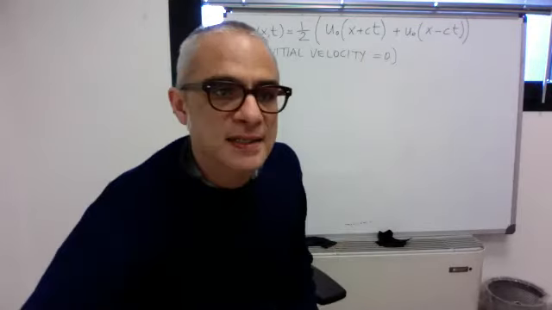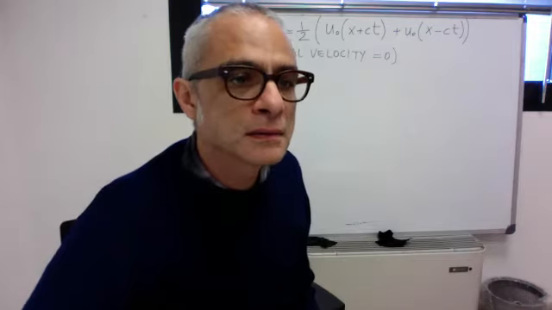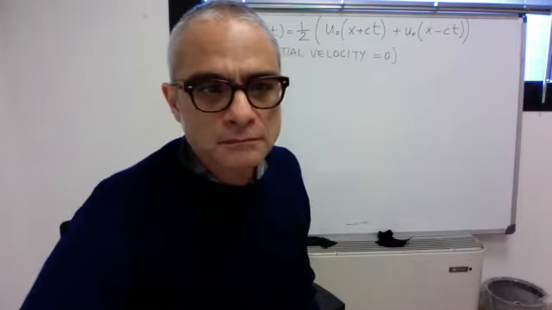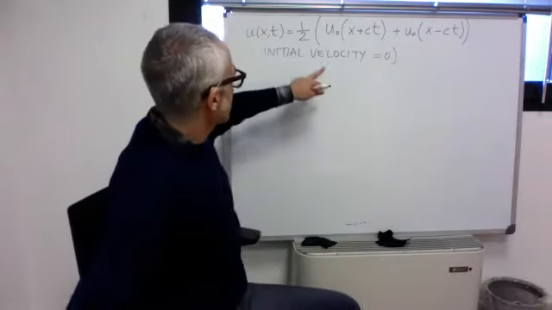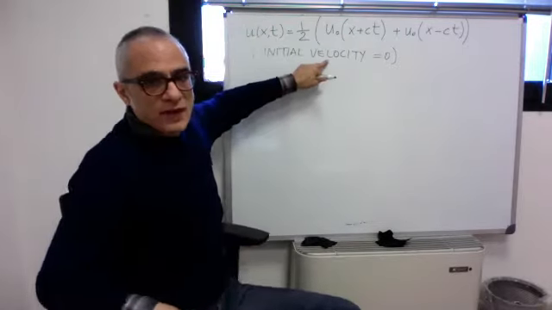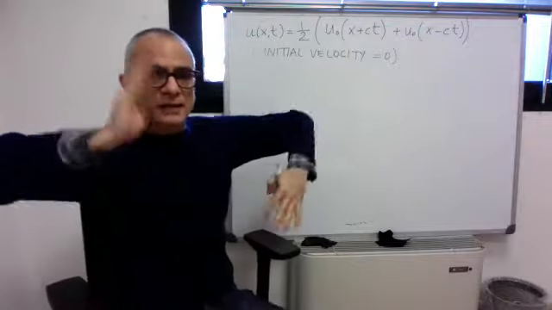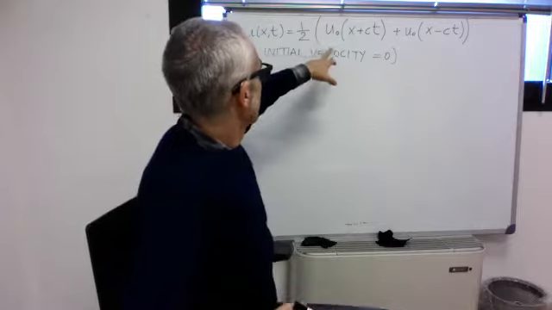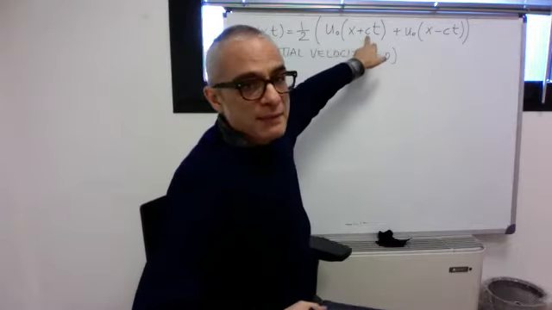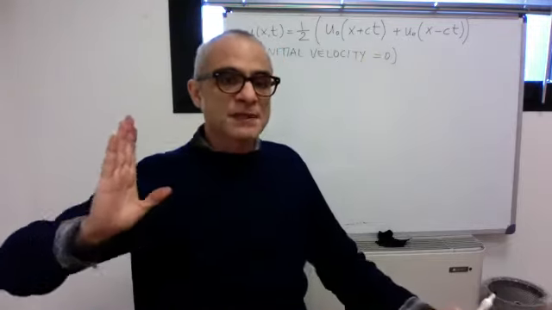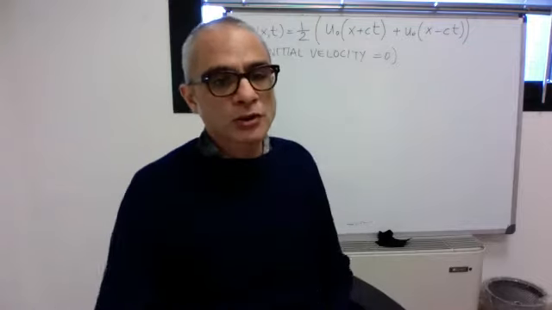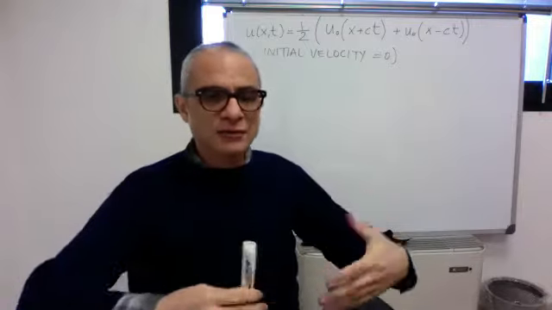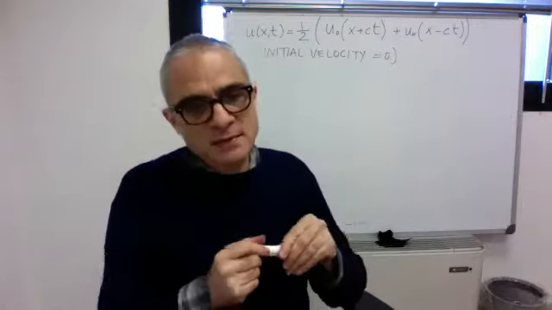Let me stress again this point. Remember, never confuse the velocity at which particles, chunks of the string, oscillate, with this parameter c that describes a speed of propagation along the wave. Remember, a wave is not a displacement of matter, but a propagation of a disturbance.